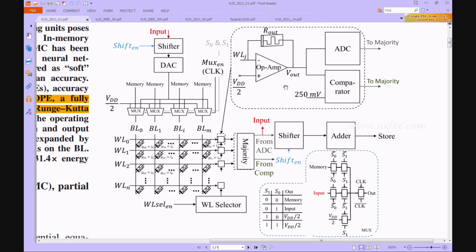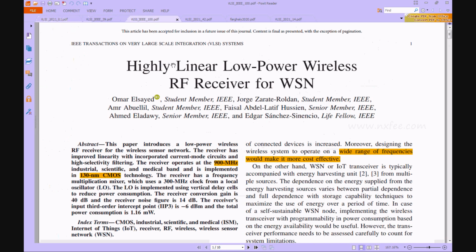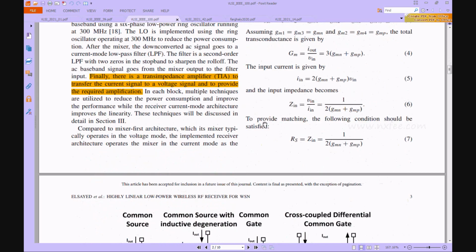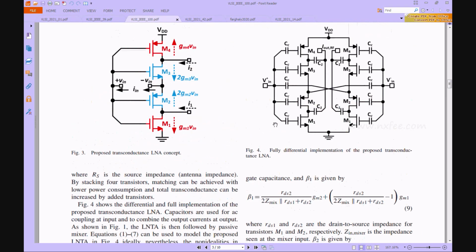For the operational amplifier we used as a reference the paper, highly linear low power wireless RF receiver for WSN. Here they used a differential implementation of the proposed transconductance LNA, a low noise amplifier.